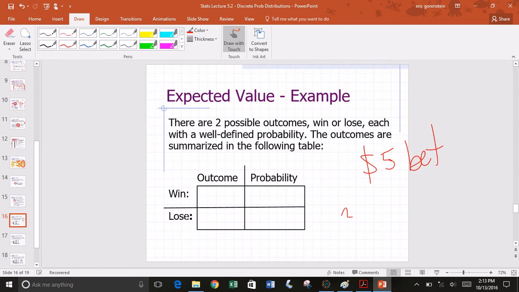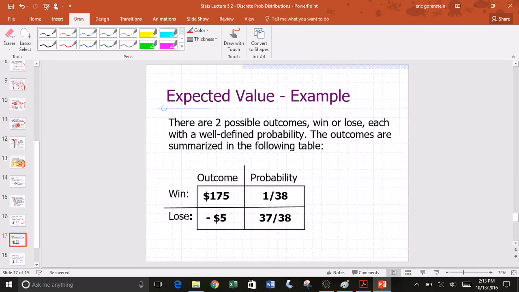So there's 38 possible outcomes. One of those outcomes is a win. The rest are a loss. So in our probability distribution, the probability of winning is 1 out of 38, and the probability of losing is 37 out of 38.